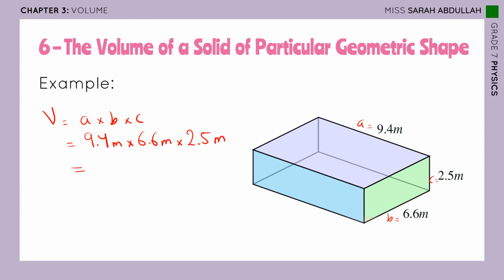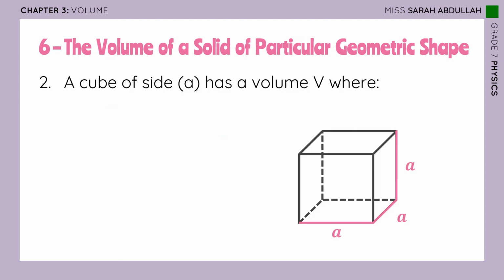Using your calculator, you would get 155.1. Now, what do you think, guys, is the unit here? I'm multiplying meter times meter times meter, so it's meter cube or cubic meter. This is how we find the volume of a rectangular prism.